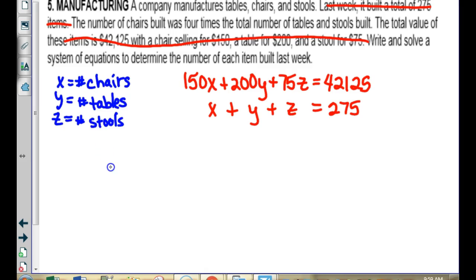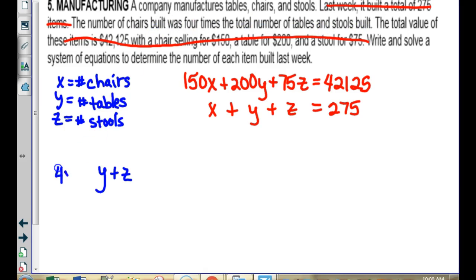This is like on the quiz, and everybody gets this wrong. Okay, the number of chairs built was 4 times the number of tables and stools. So I'm going to assume that we need to add tables and stools together. Now, what gets multiplied by 4? It says the number of chairs built was 4 times the number of tables and stools.